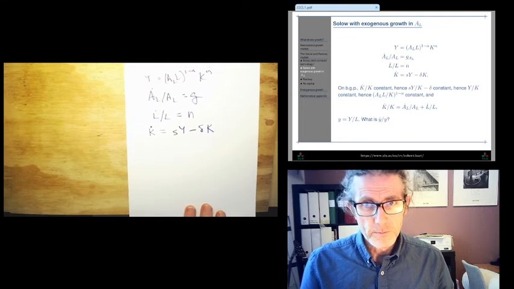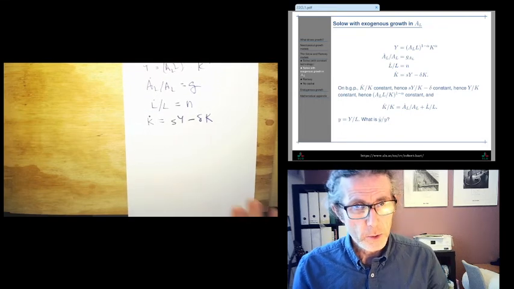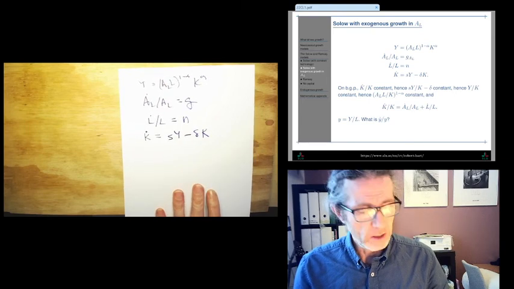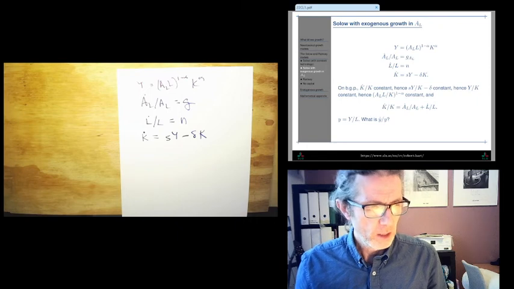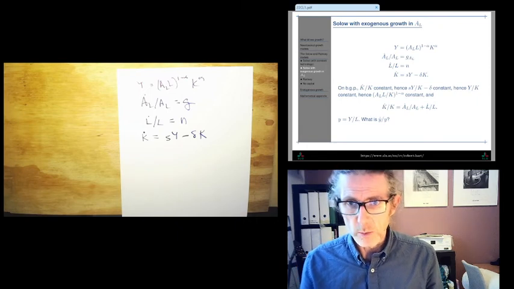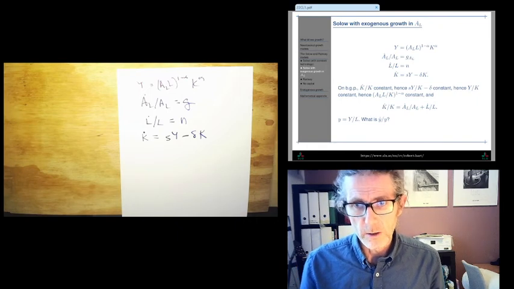Okay, but how do we then characterize what happens in this model with growing AL? In general, we don't know whether we're on a balanced growth path or not.